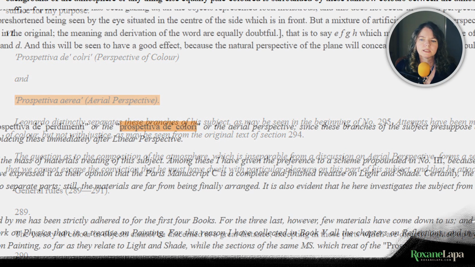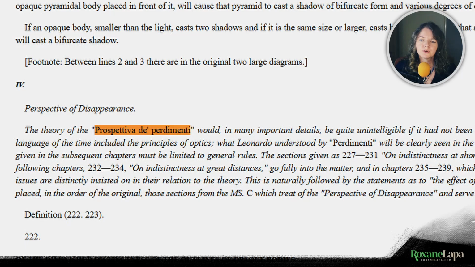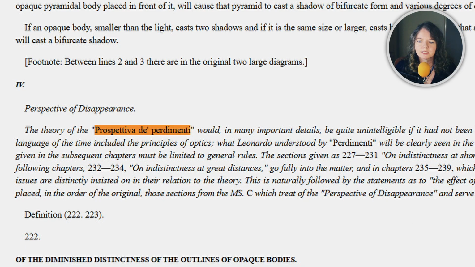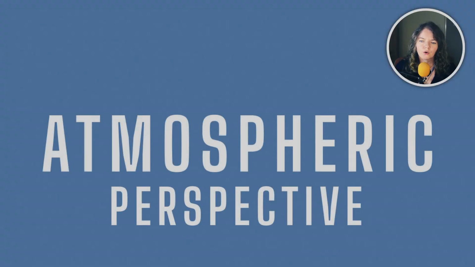In other places, he talks about prospettiva di colori, which translates as perspective of colors. And he also talks about prospettiva de perdimenti, which translates as perspective of the losses. And all of these snippets here and there, they make up what we know about atmospheric perspective.